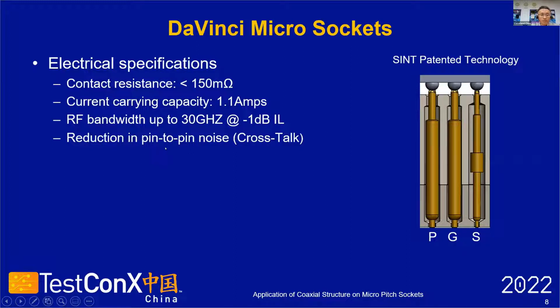As I mentioned, the increased function of the chips makes the effect of pin-to-pin crosstalk worse during a test. But our DaVinci Micro socket fully shields the signal path, reducing the effects of crosstalk dramatically. So it shows immediate yield improvement compared with non-coaxial socket products.